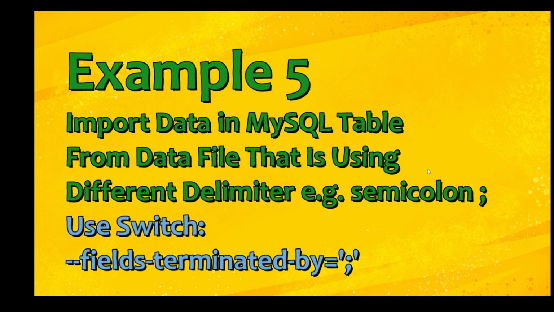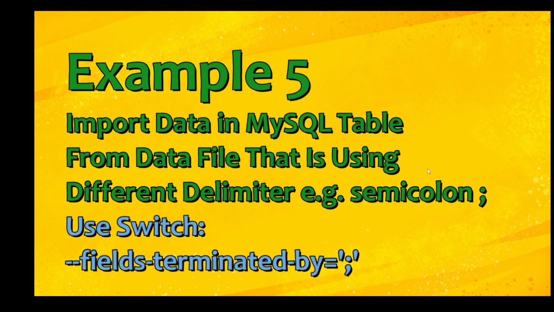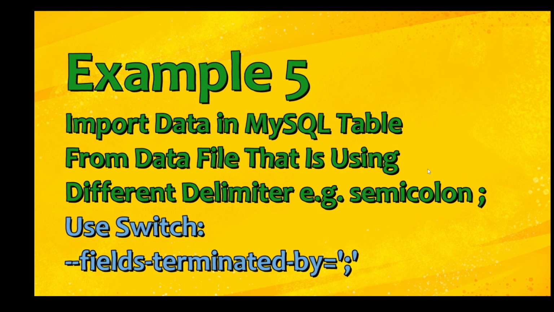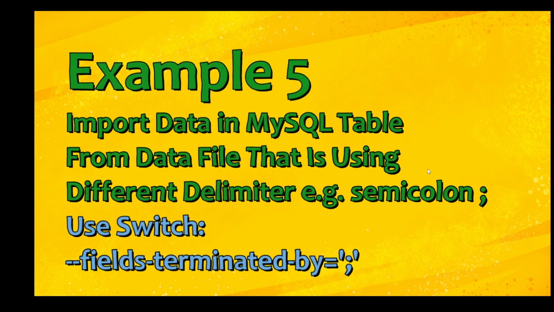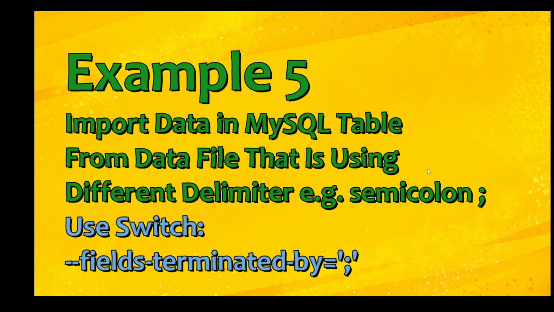However, there can be some other delimiters as well, like semicolon, or colon, or pipe sign, or some other. In that case, we have to specify the delimiter by using switch --fields-terminated-by. In this example, we will see how to import data from file where delimiter is semicolon.